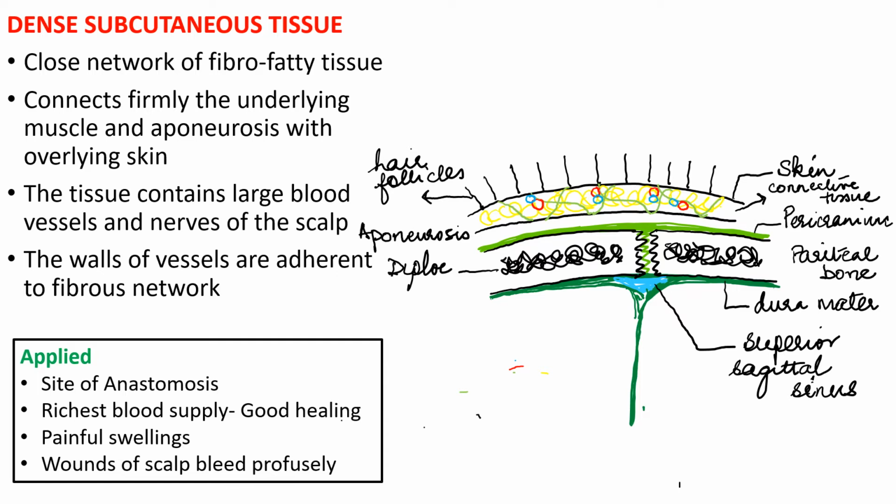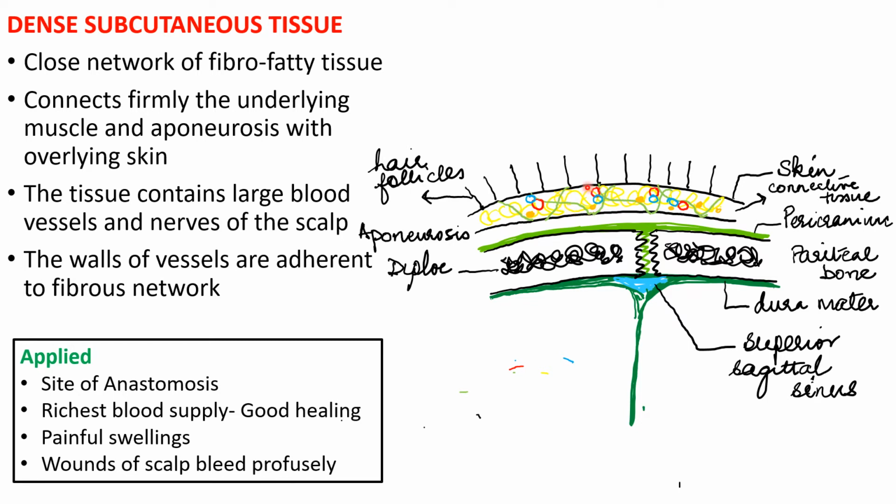So it has a large number of arteries and veins running through it, and also present are nerves. Right? So the connective tissue consists of fibrofatty tissue. It consists of arteries, veins, and nerves. This layer also contains the arteries, veins, and nerves which are running in it.